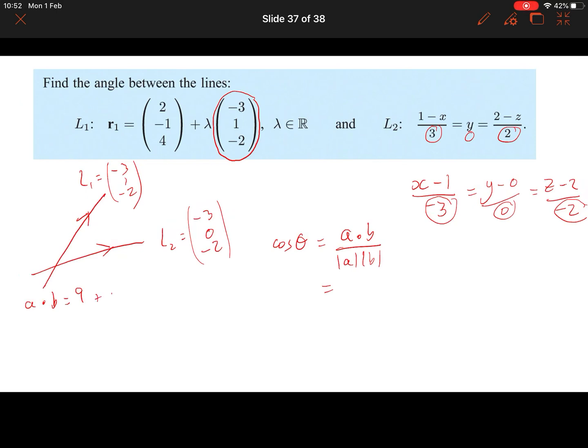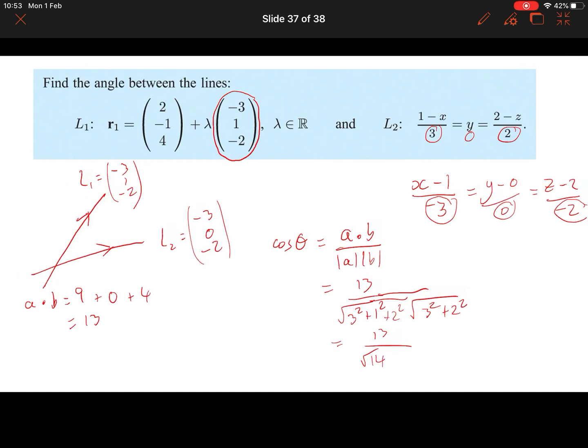So the dot product is going to be 9 plus 0 plus 4, which is equal to 13. Okay, and the magnitude of A is going to be the square root of 3 squared plus 1 squared plus 2 squared, and 3 squared plus 2 squared for the magnitude of the direction vector of line 2.